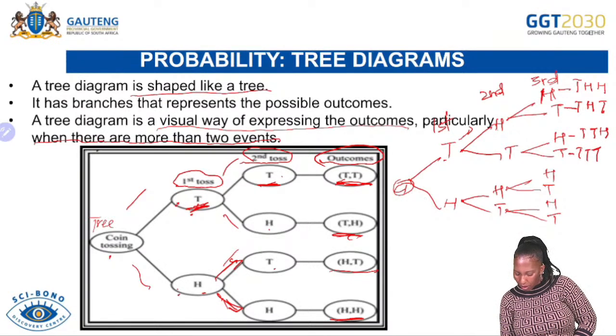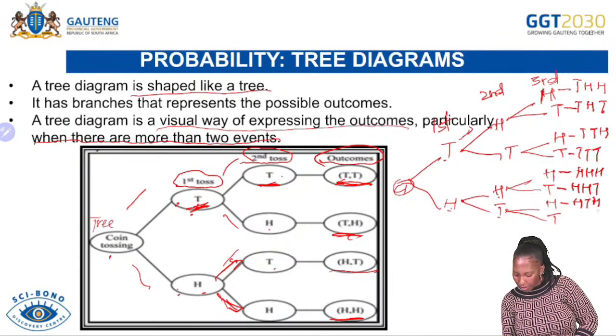And then on this one, I have head, head, head. And then I've got head, head, tail. And then on this one, I have head, tail, head. And then on the last one, I have head, tail, tail.